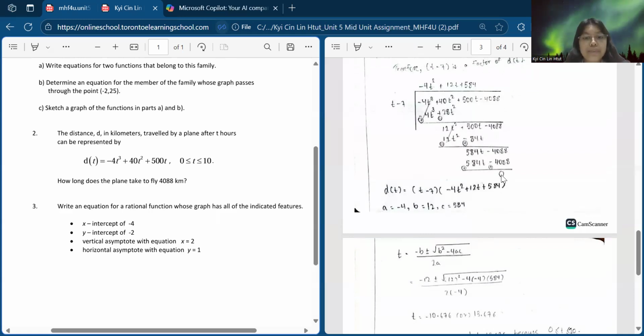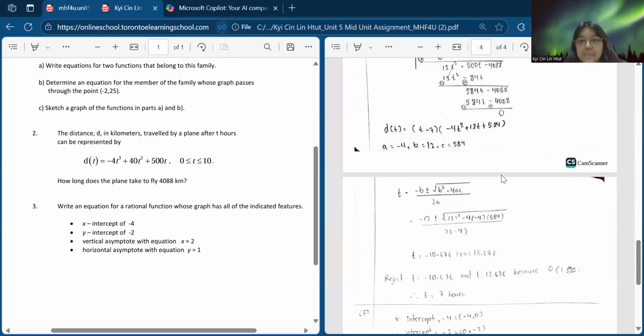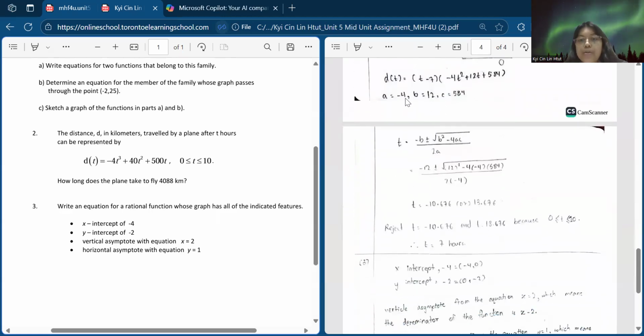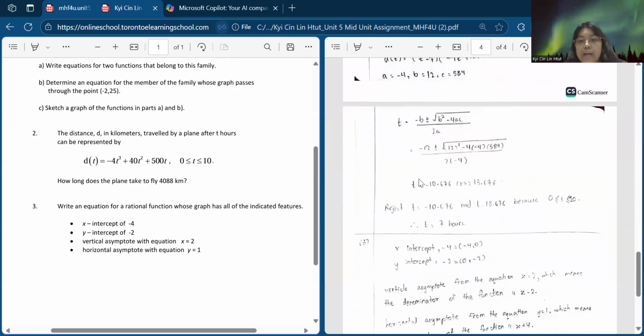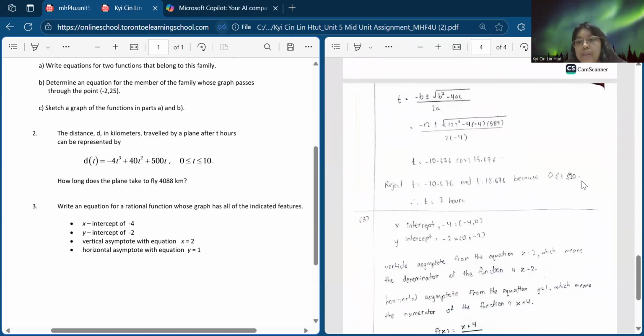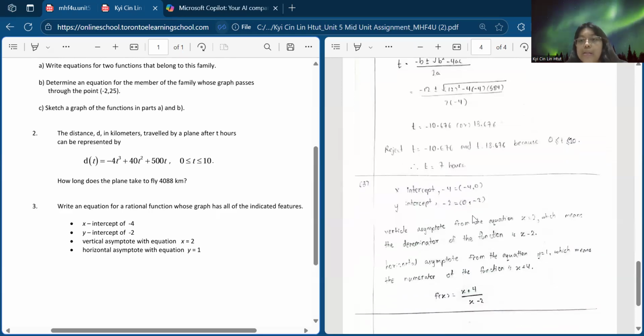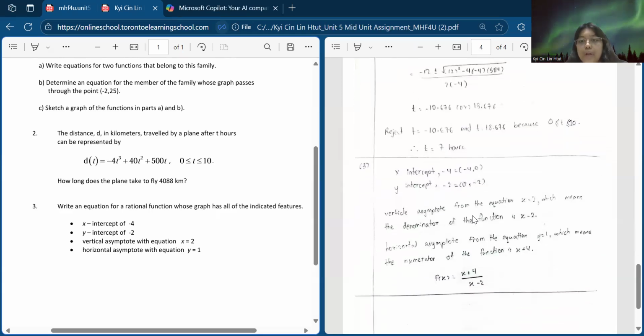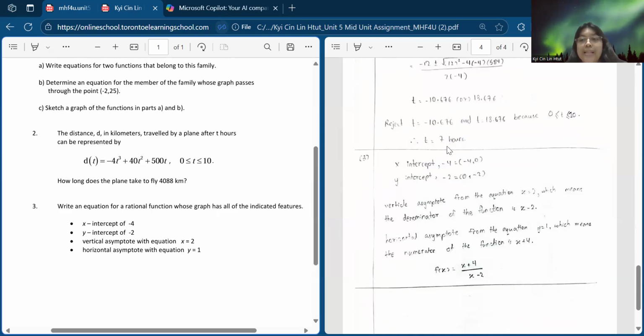And from here, I use the quadratic formula and I get the values for t, but apparently I reject both of them because they are either less than 0 or greater than 10, which is why we finalize the answer with t equal to 7 hours, which means the plane takes 7 hours to fly 4,088 kilometers.